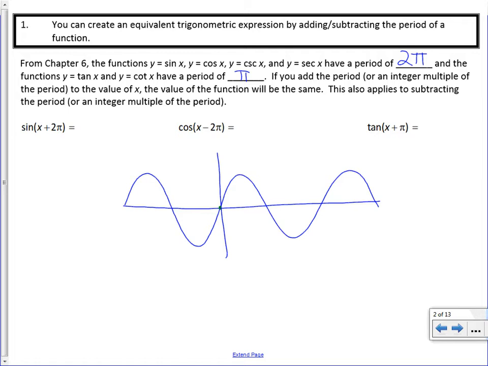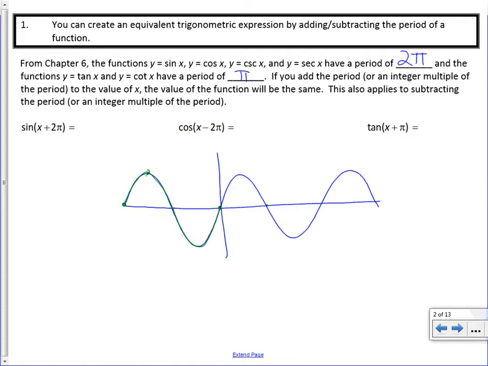What happens if I take this point and move it 2 pi to the left? Where would this point end up? Right here, right? Where would this max end up? Right there. Where would this 0 end up? Right there. So you guys get that a horizontal shift of a period doesn't actually change your function. It goes on top of itself. Does that make sense? So it's literally the same function.